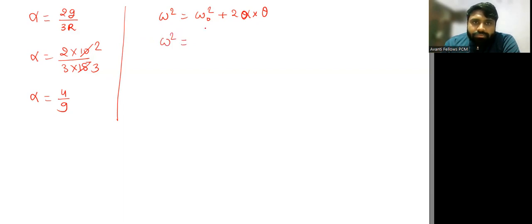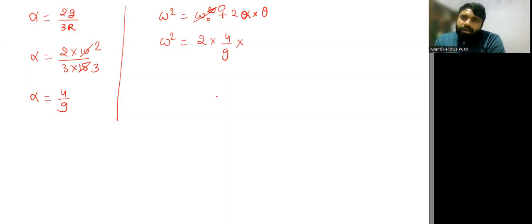So omega square is equal to initial velocity 0, plus 2 into alpha, which is 4 upon 9, into theta. How much angle has it rotated? It has rotated by an angle of pi by 6, because pi by 6 is 30 degrees.